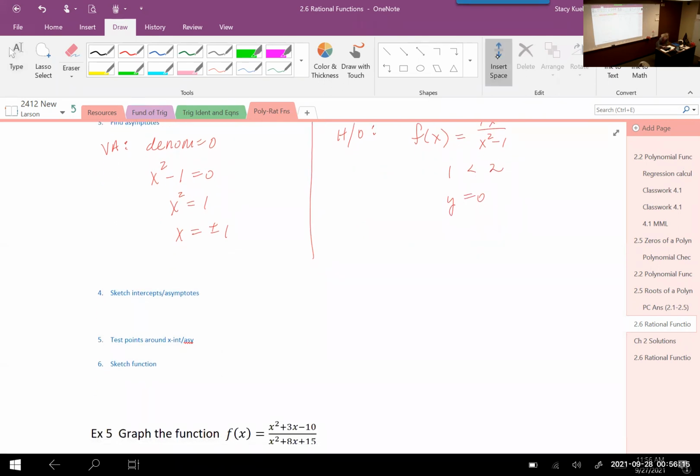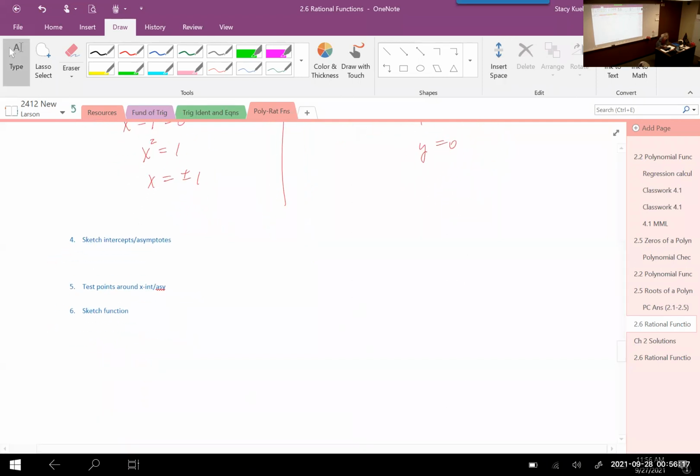So, let me get myself some room over here. What I have here is, at the origin, the x and the y-intercept, right?